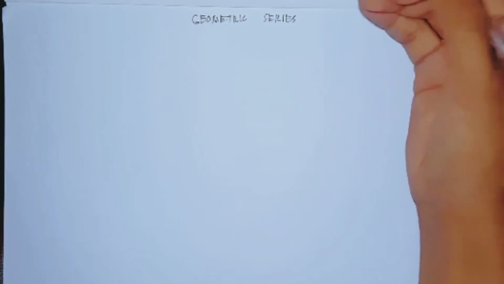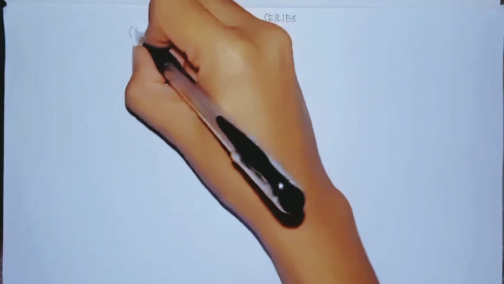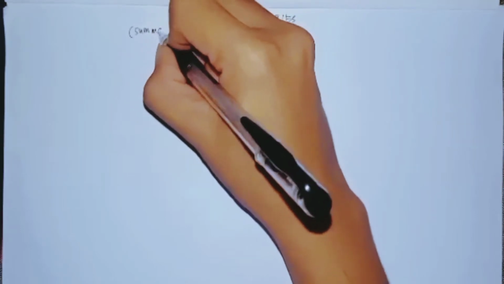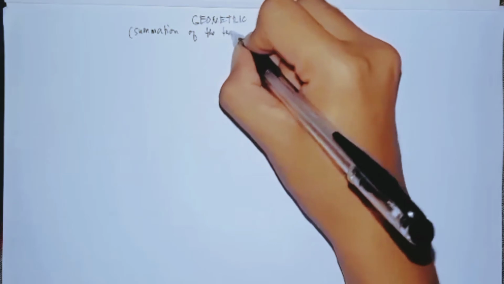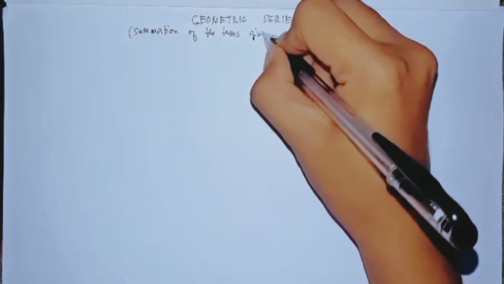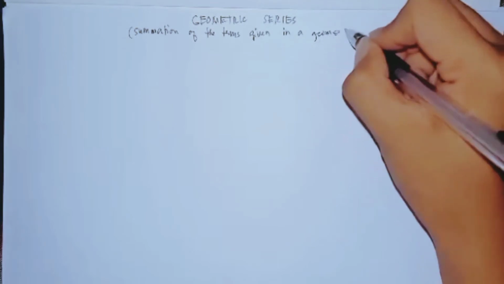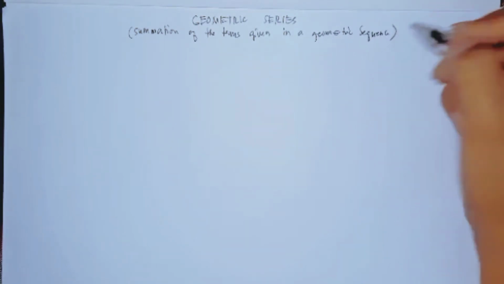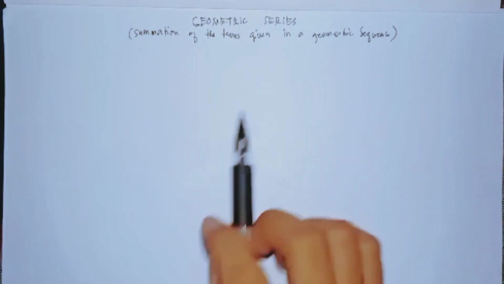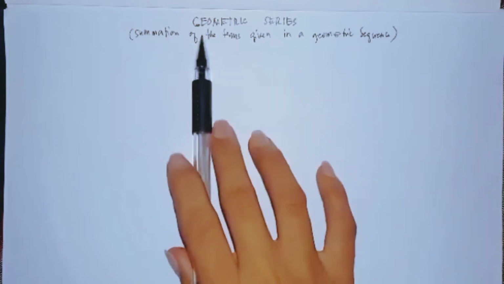So, ang geometric series is the summation of the terms given in a geometric sequence. So, basically, kapag pinag-plus mo lahat ng terms na given sa isang geometric sequence, siya si geometric series.